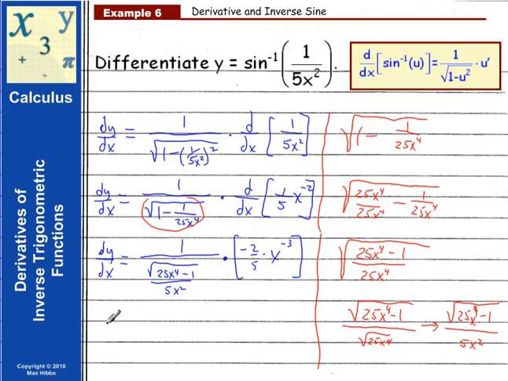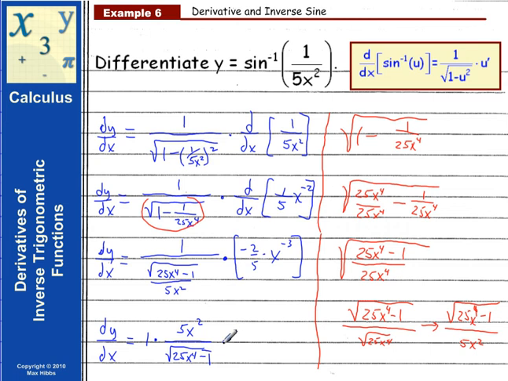So we're going to write this as, let's look at our derivative, dy dx. We're going to have the numerator 1 times the reciprocal of our divisor, which is 5x squared, over the square root of 25x to the fourth minus 1. So this is just 1 times the reciprocal of this divisor.